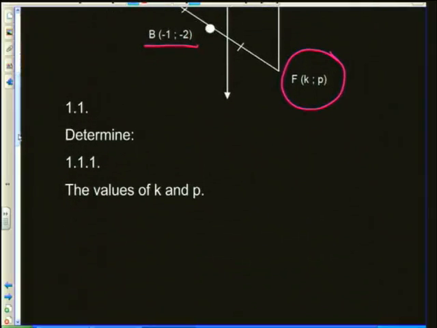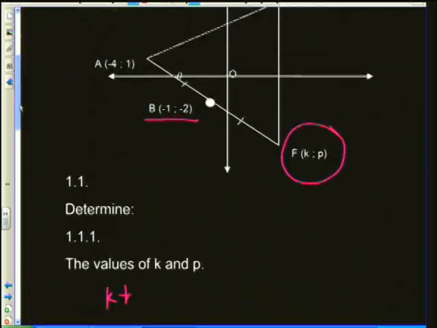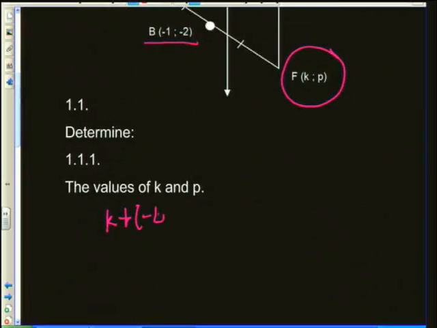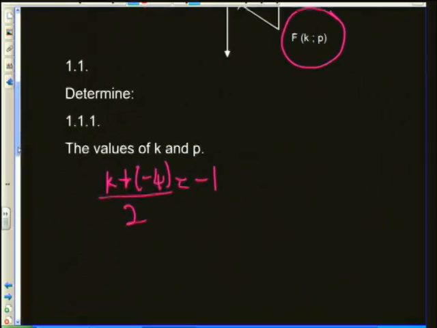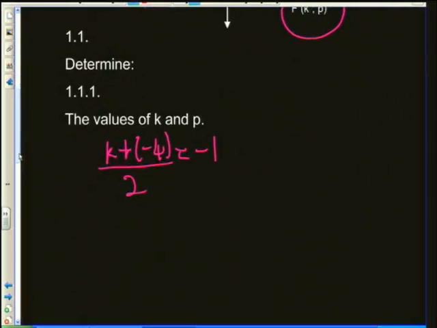We know that K plus the x coordinate of A, so plus minus 4, divided by 2 should give me negative 1. That's the midpoint, and that's a beautiful equation. Let's see if we can solve for K. If I multiply both sides by 2, I'll have K plus negative 4 is equal to negative 2. Let's sort out these signs here. This means that K minus 4 is equal to negative 2.